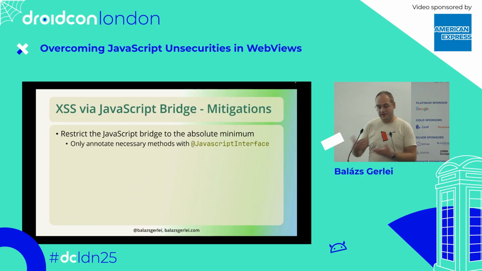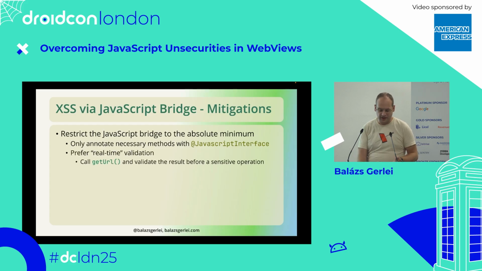Mitigations. As I mentioned last year, restrict the JavaScript as much as you can. Basically, this is what I meant. Only implement logic there that you actually want to allow, and also always think about the caller being malicious. Only annotate the necessary methods with the JavaScript interface, and prefer the real-time validation to check the actual current URL before the sensitive operation that you run in the context of your application.